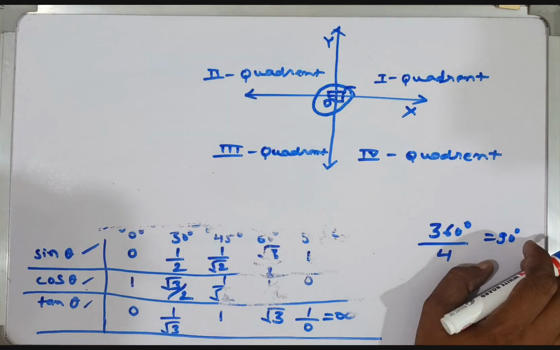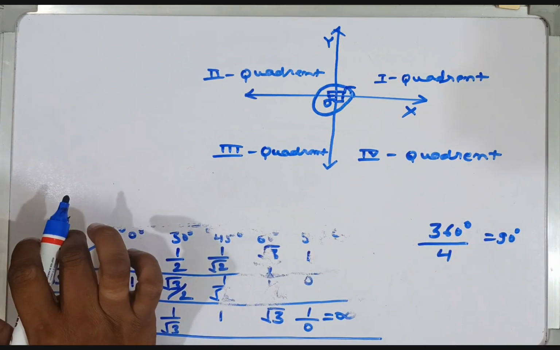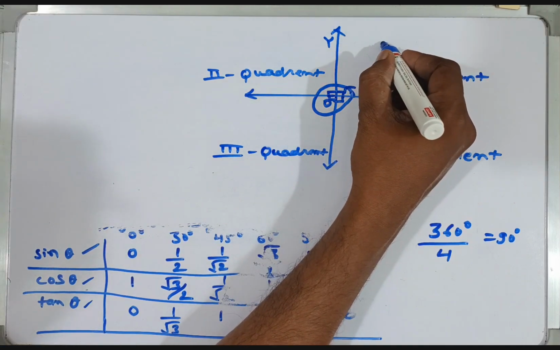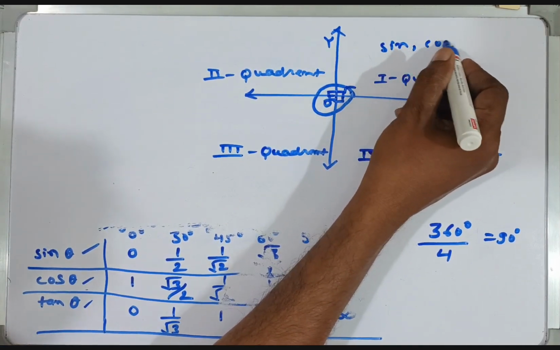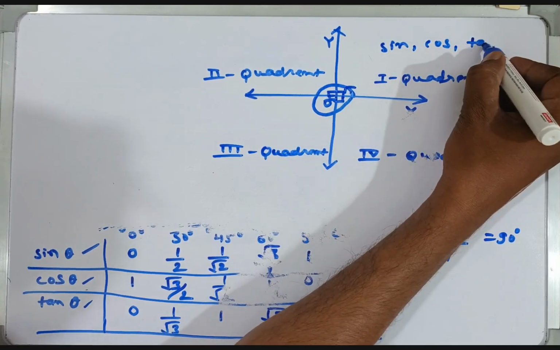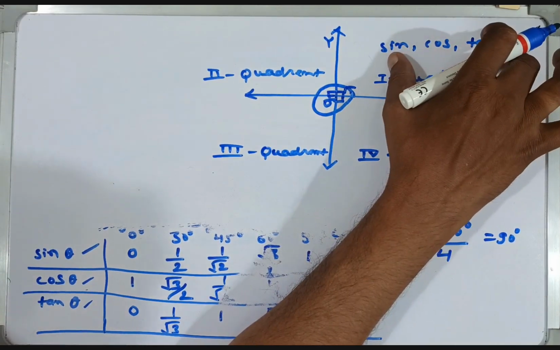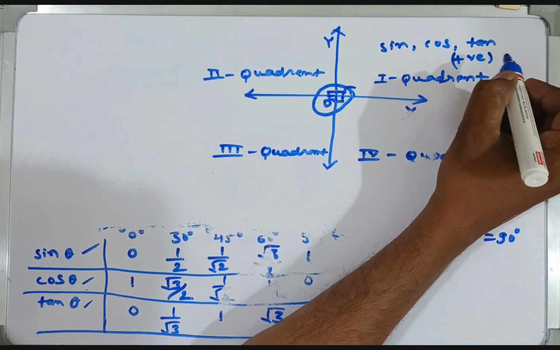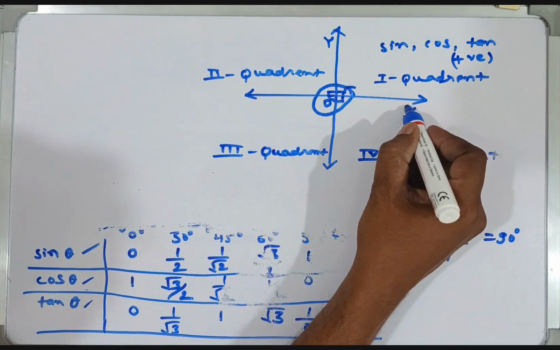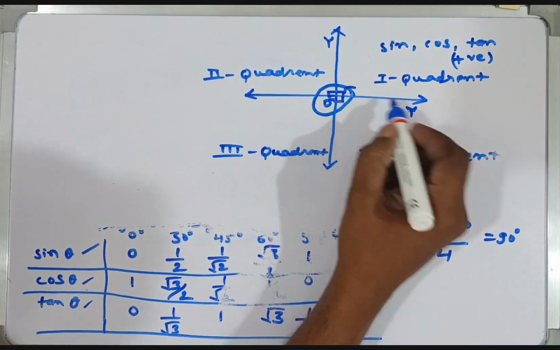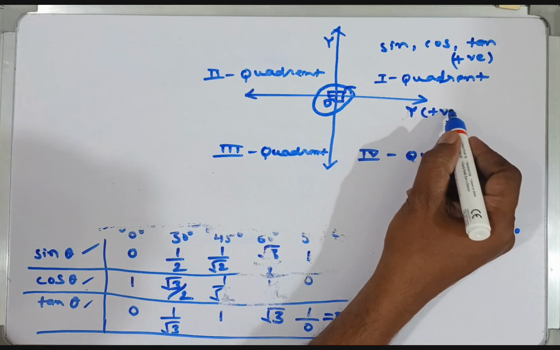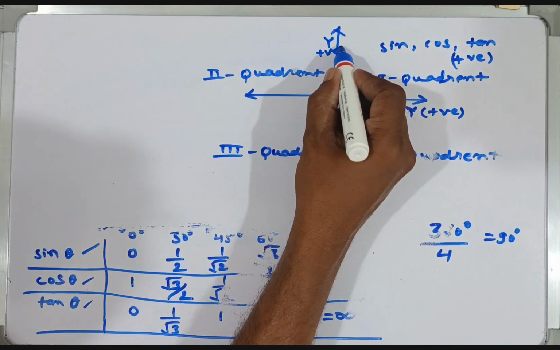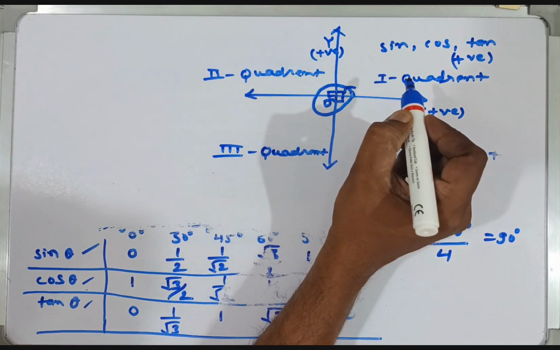Now, whatever the values of sine, cos and tan in this part are positive numbers. As this is the origin, this direction is positive and this direction is also positive, we assume in mathematics.